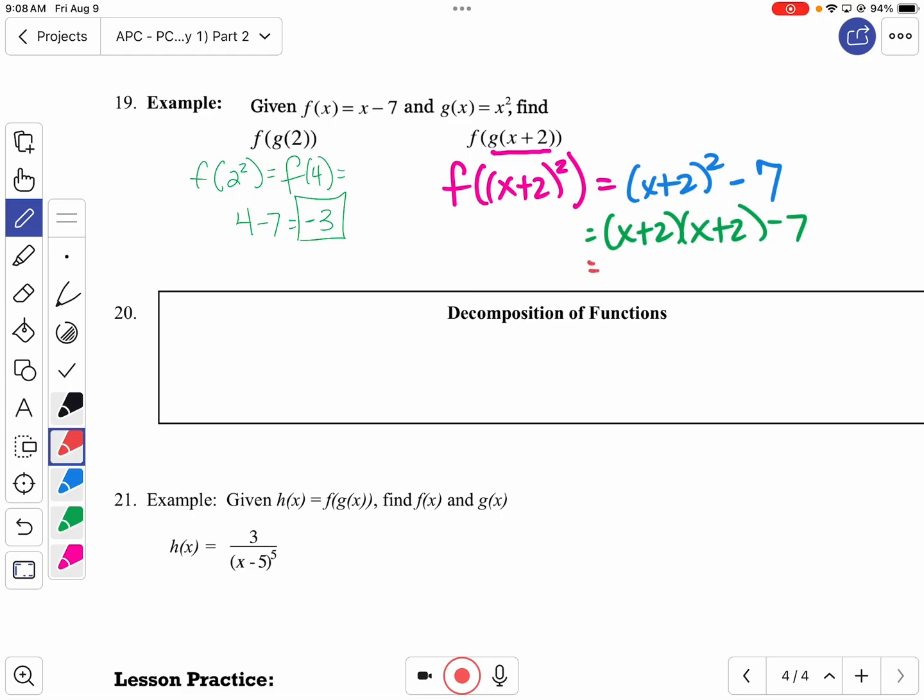That gives me x squared plus 4x plus 4 minus 7, which in the end gives me x squared plus 4x minus 3. Okay, so just some good algebra. When I tell you algebra is what's going to get you in calculus, it happens every time. Your algebra skills will improve just because you're going to use them so much.